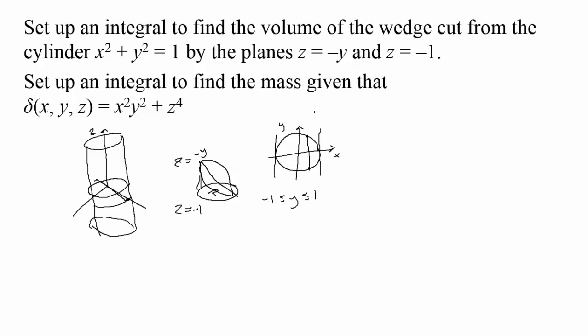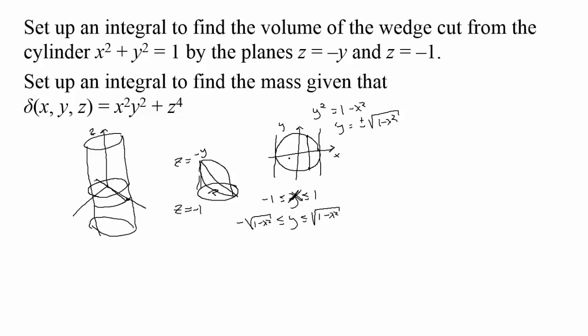Now, solving x squared plus y squared equals 1 for y gives me y squared, oh sorry, these bounds should be on x because it's vertical lines, gives me y squared equals 1 minus x squared, or y equals plus or minus the square root of 1 minus x squared. So we'd have bounds on y. y goes from negative square root of 1 minus x squared to positive square root of 1 minus x squared.